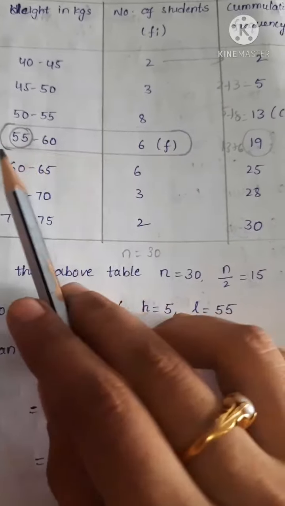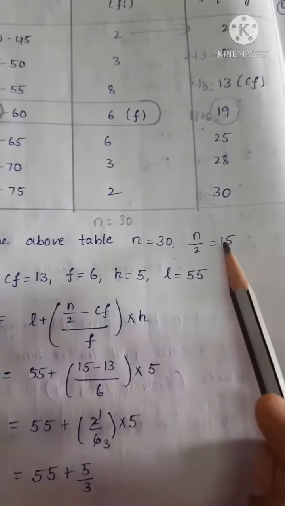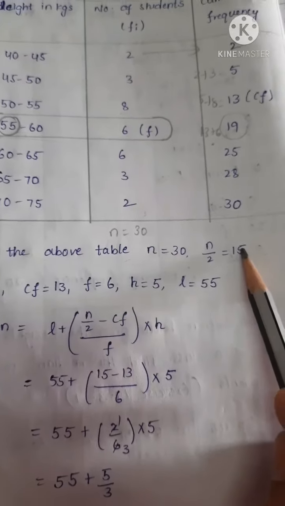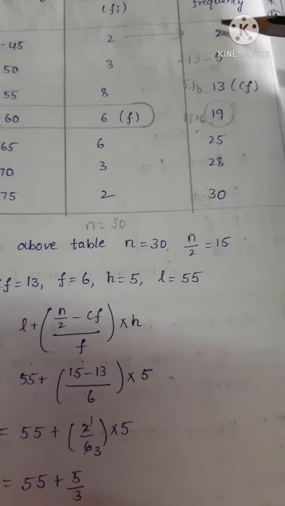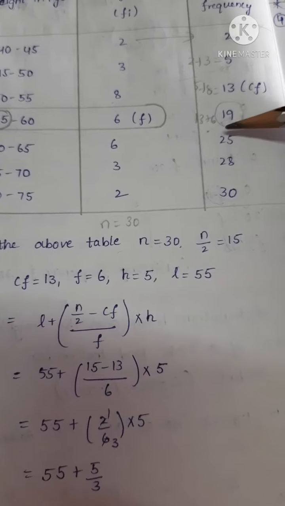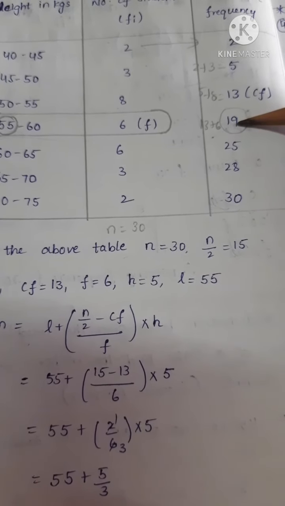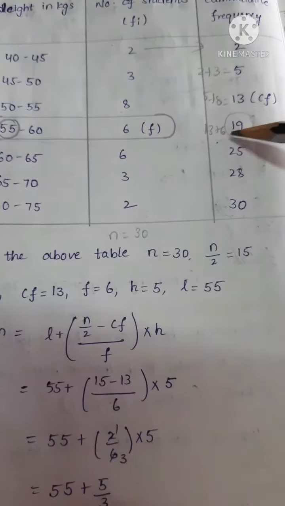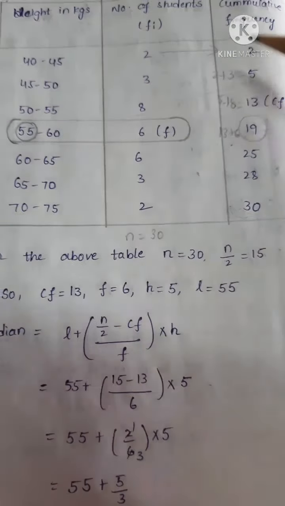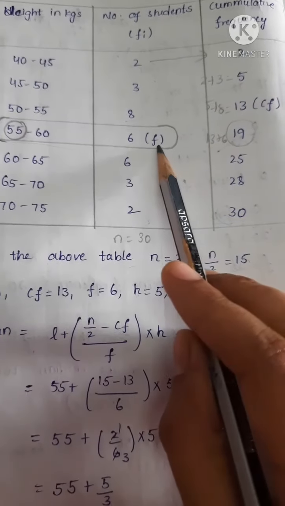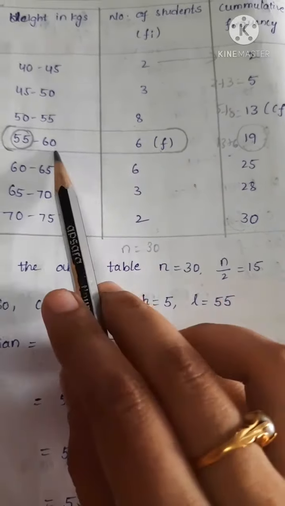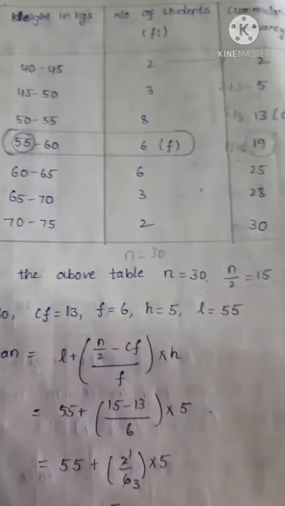Here I circle this value, see. n by 2 value is 15. That 15, you check in the cumulative frequency, which is nearer: 19. So that one is the median class. The corresponding frequency is F, and the corresponding class interval is the median class.